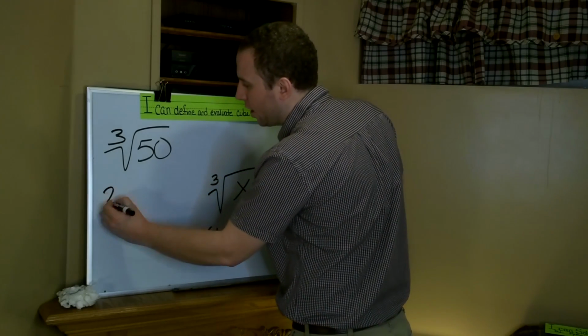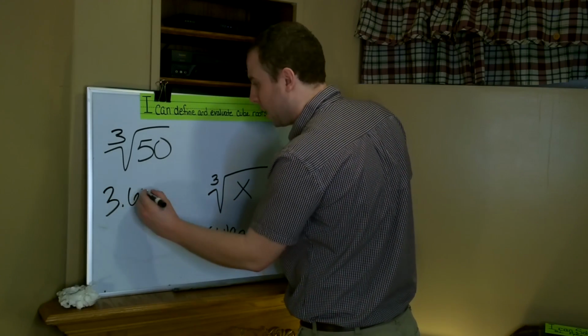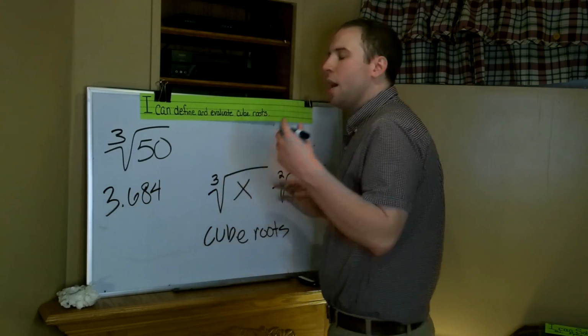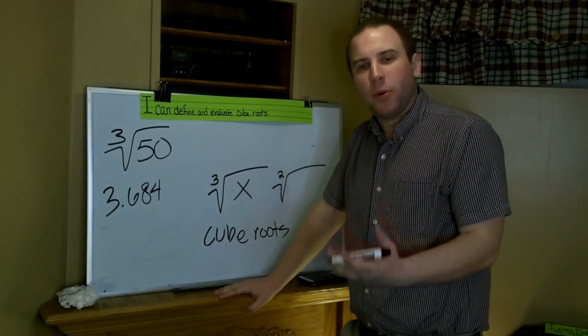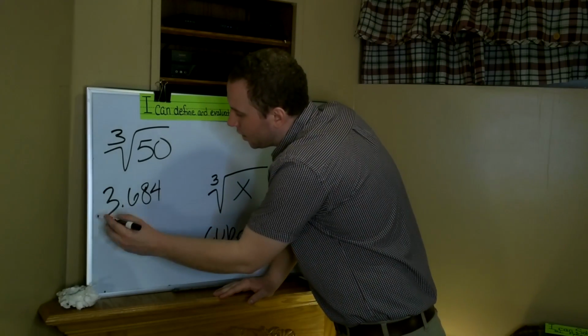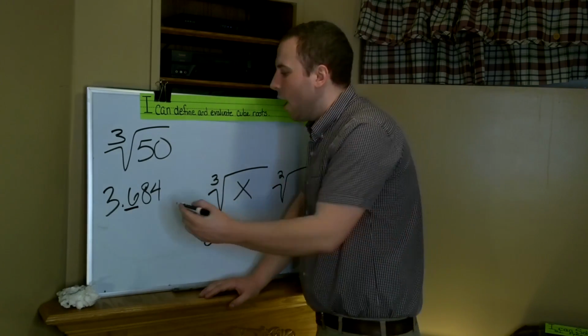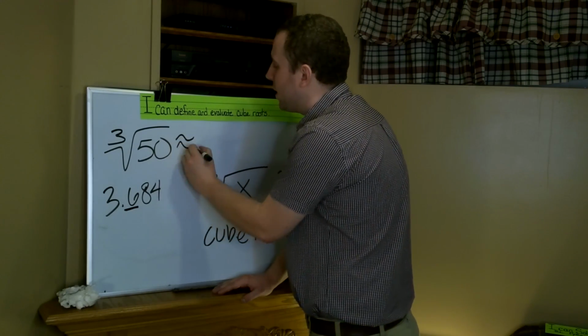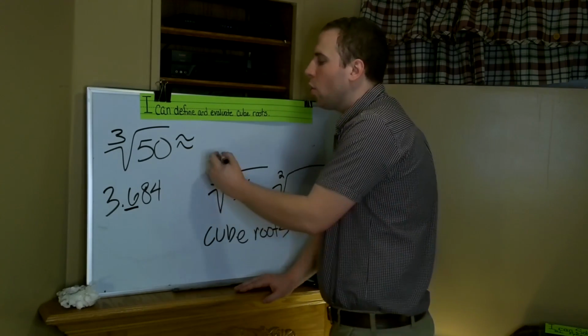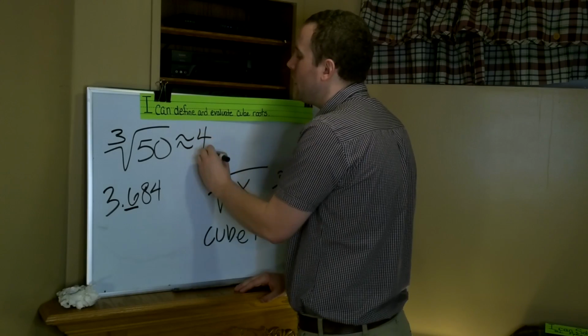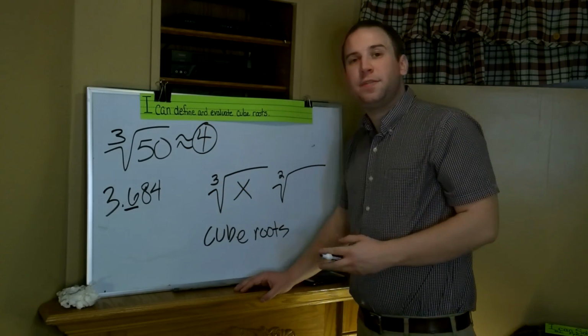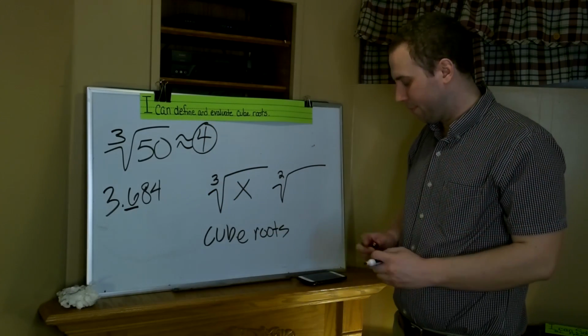So I would get 3.684 and so on. And like I talked about previously, when you're dealing with a decimal, you always want to round. So again, we'll put the funky equation sign. You always want to round to the nearest whole number. So if I rounded it, the cube root of 50 would give me 4.